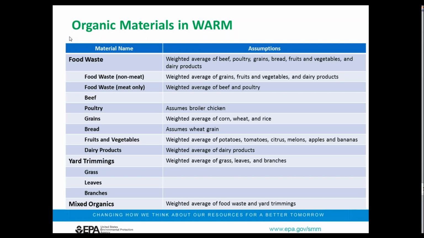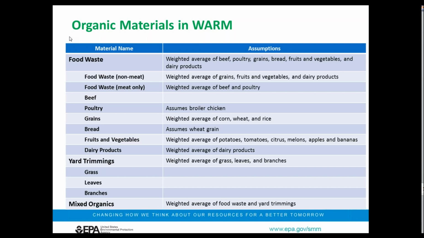Then we have groupings for food waste, non-meat, and for meat only. And again, these are weighted average mixes of the more specific materials below. So for non-meat, that's grains, fruits and vegetables, and dairy products. And then for meat only, that would be the weighted average of beef and poultry.